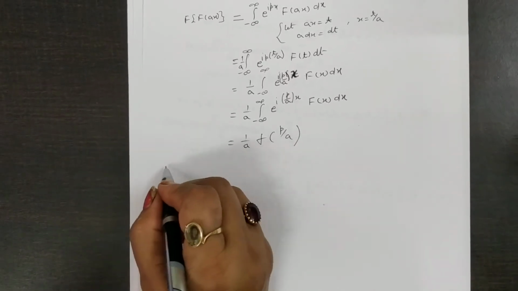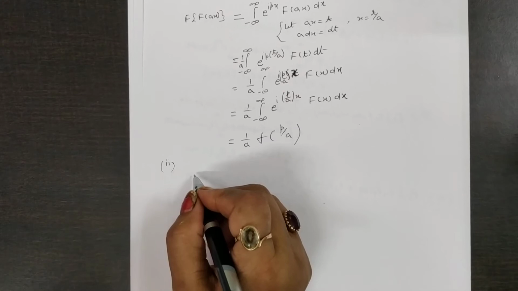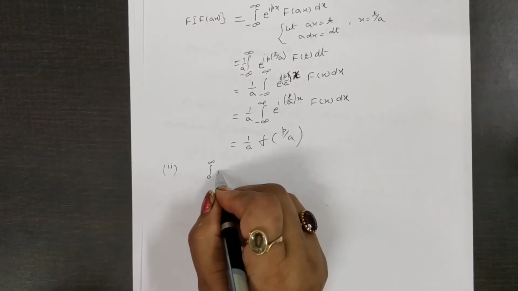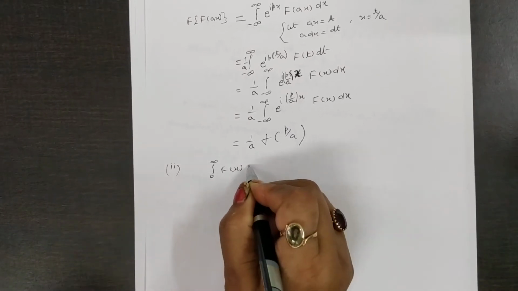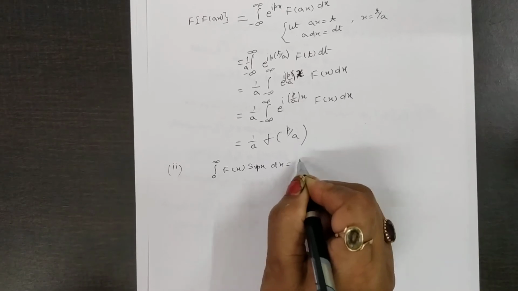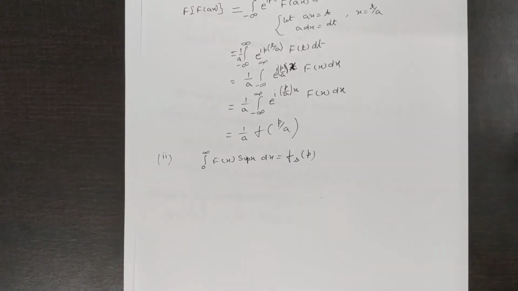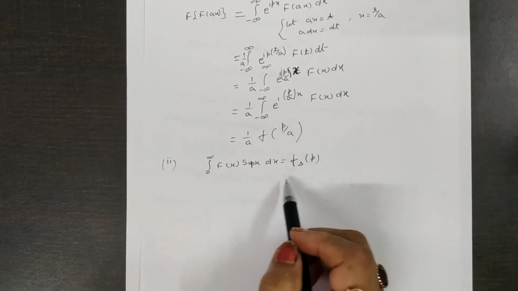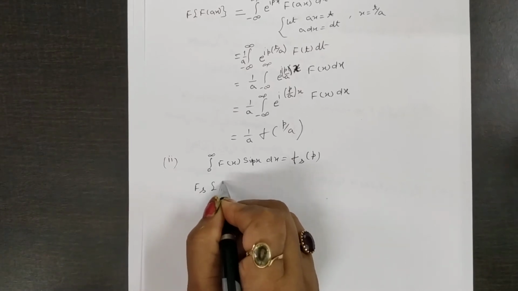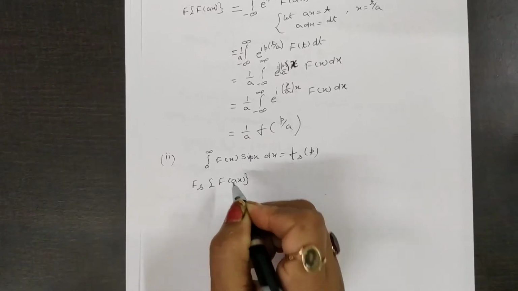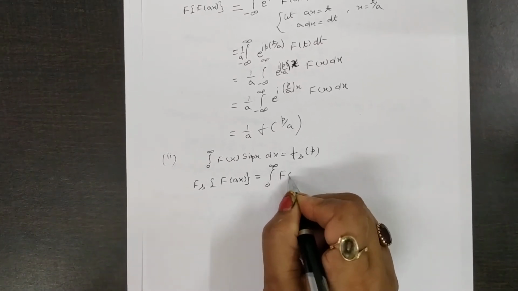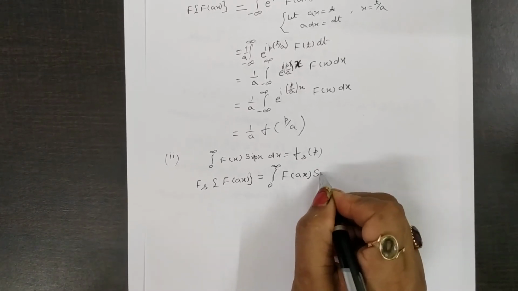Similarly, for the next property, that is for the sine transform, we know that the integral from 0 to infinity of f(x) sin px dx is equal to F_s(p). So operating, F_s of f(ax) is equal to the integral from 0 to infinity of f(ax) sin px dx.